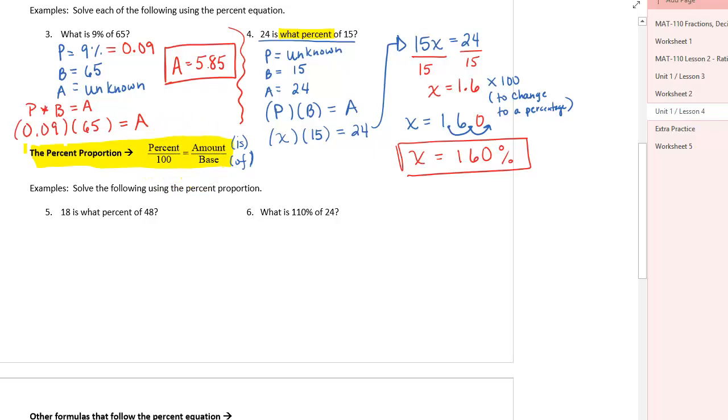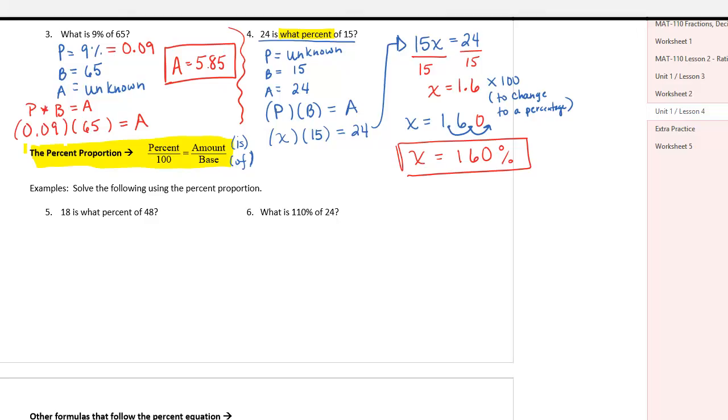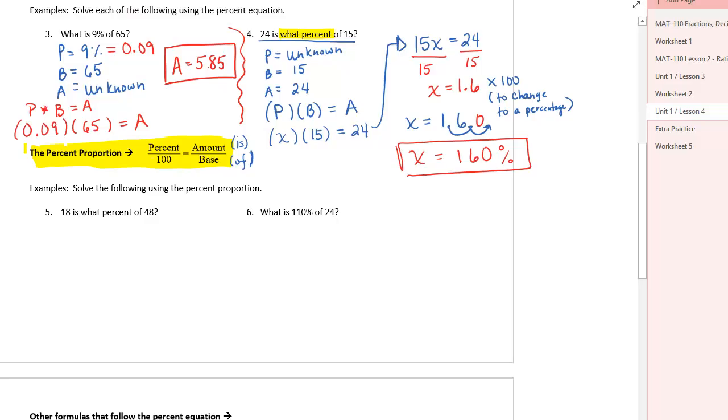All right. So in example 5, we have 18 is what percent of 48. We're still going to do what we did in class. We're still going to identify the percent, the base, and the amount. In this case, we're asked to find the percent, so that's the unknown.